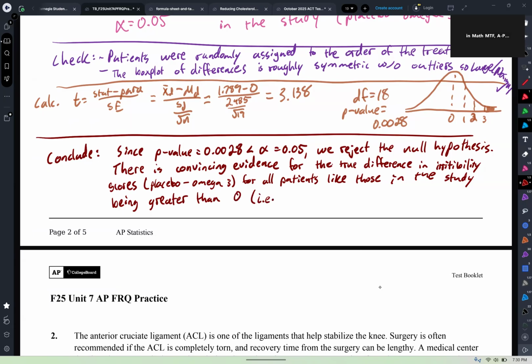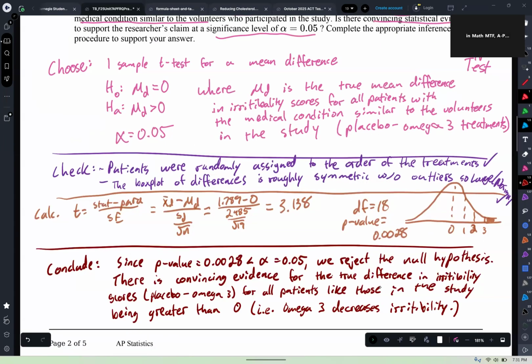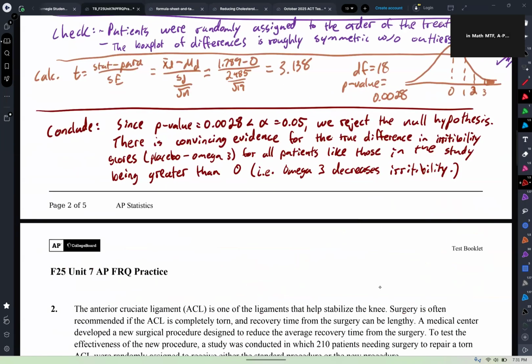I'm just going to add in IE omega 3 decreases irritability, because that's really what it's all about. I know I'm screwing that. Come on. Yep, I knew there was an A in there. Irritability.